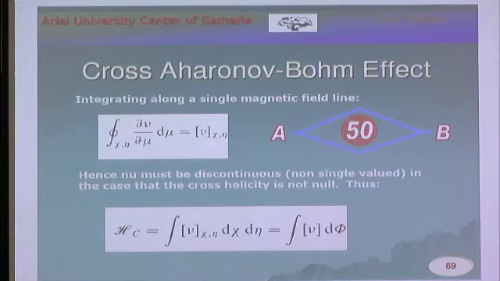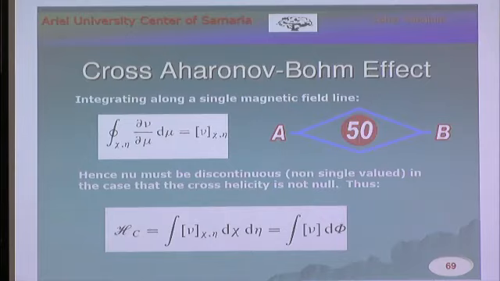Now, the trick goes the same as before. You look at a single magnetic field line, and you see that unless nu is non-single valued, you would not have any contribution to the cross helicity. So it must be a non-single valued function to have a non-trivial cross helicity.